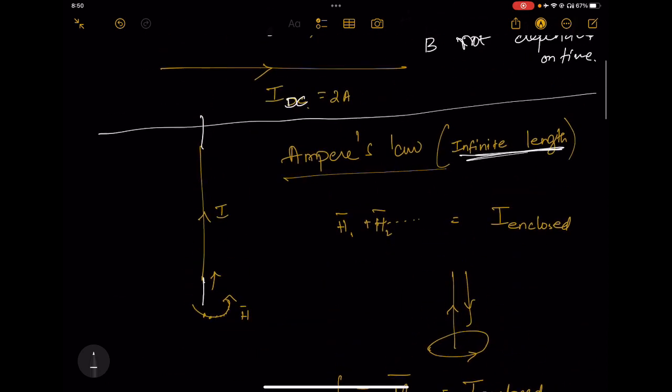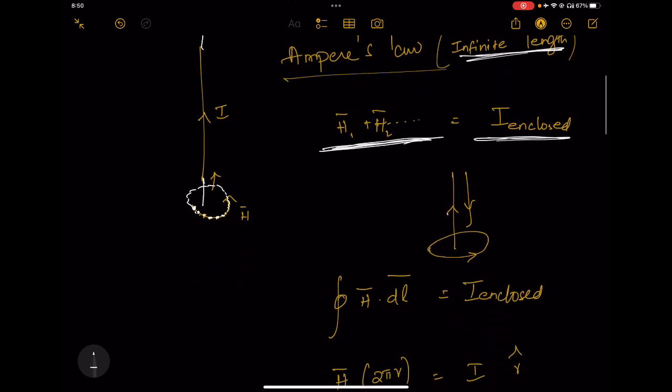Ampere's law states that if you measure the magnetic field continuously at every point in space around a current carrying conductor and add all the magnetic field intensities, the final value you get is the total current enclosed in the path. If there are two currents, 1 amp and 2 amps, the net value will be 1 minus 2. So what you measure is the total current enclosed in that path.